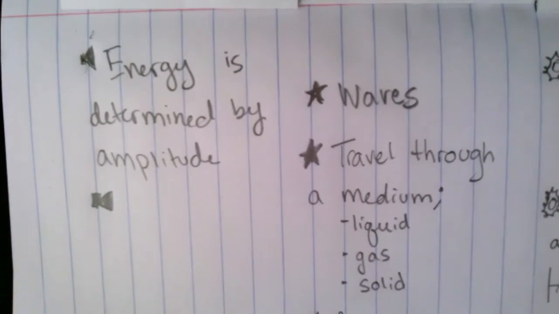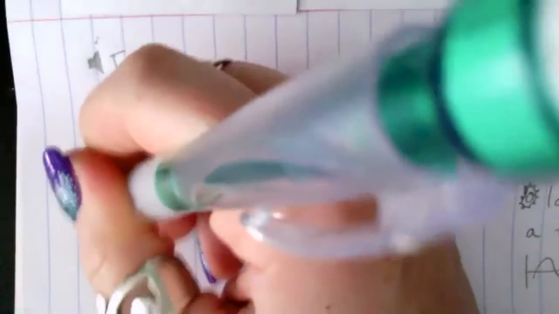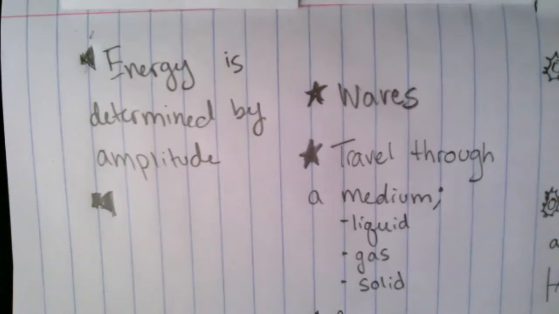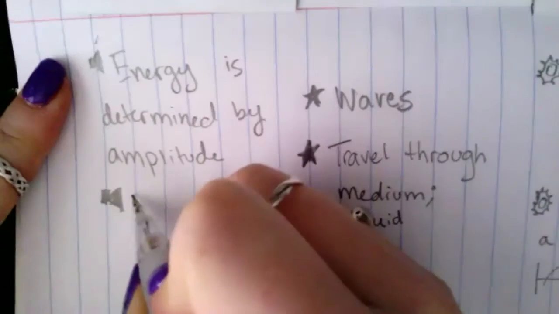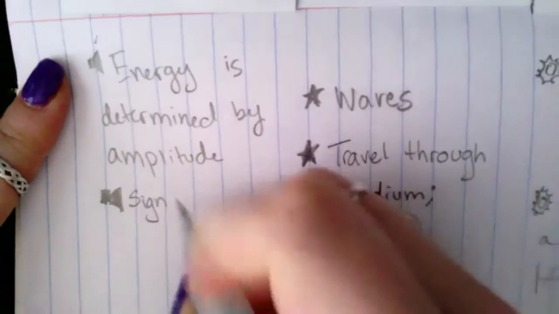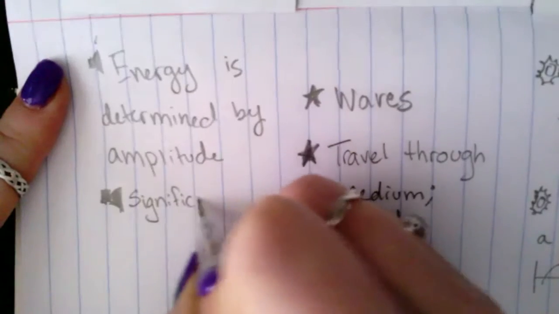What's another difference between light and sound? It can travel at the speed of sound, and is that faster or slower than light? The speed of sound is a lot slower. Yes, so it is slower than the speed of light.